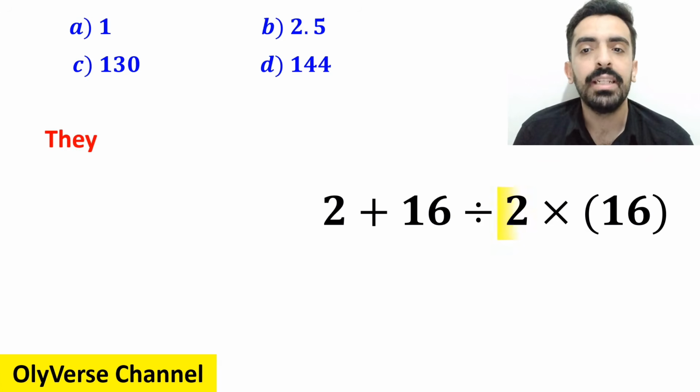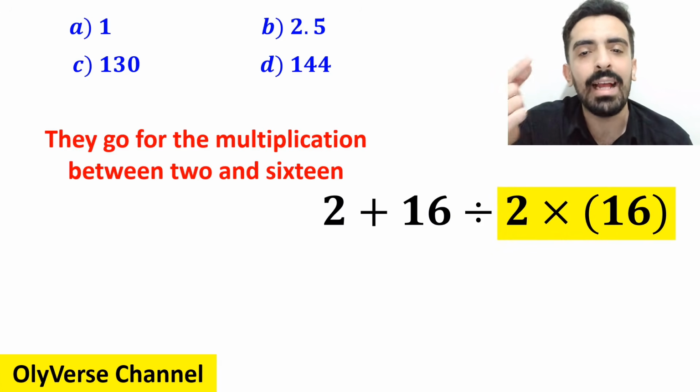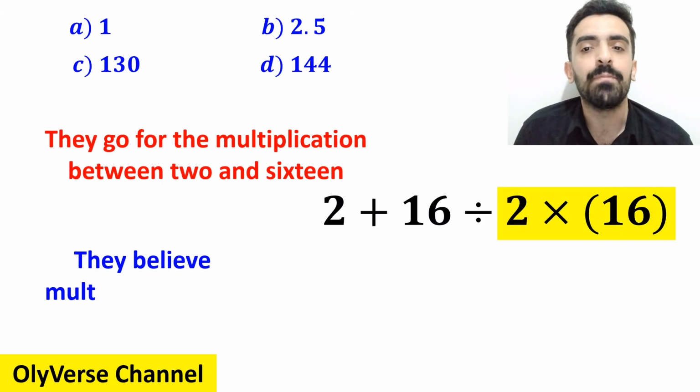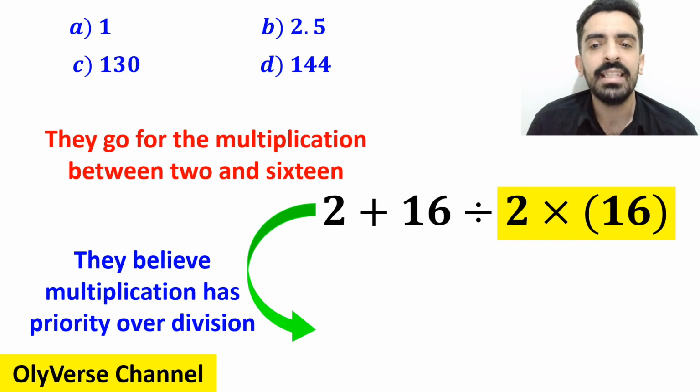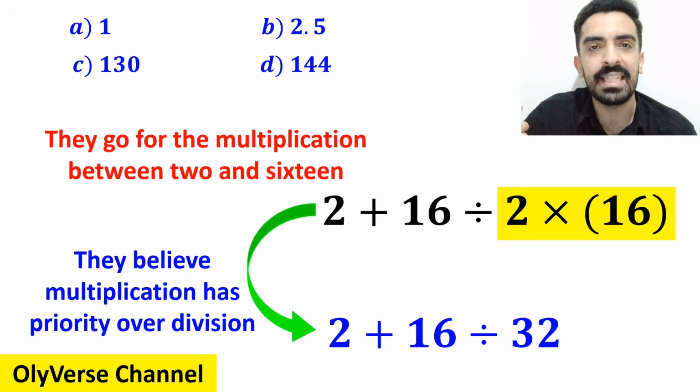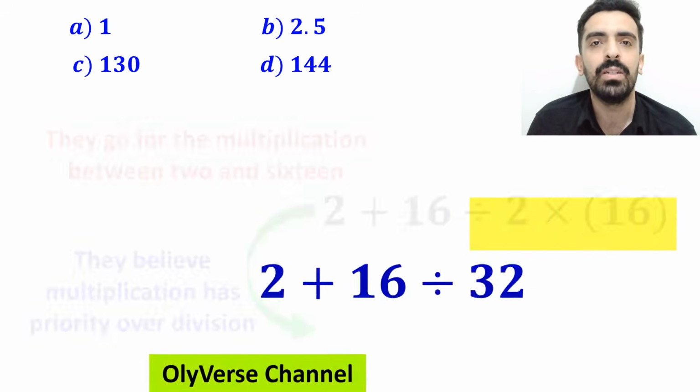And the next step, they go for the multiplication between 2 and 16 because they believe multiplication has priority over division. So, this expression simplifies to 2 + 16 ÷ 32.